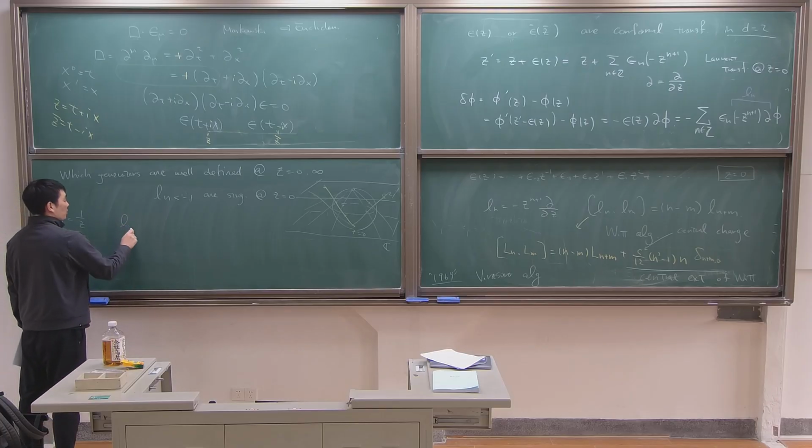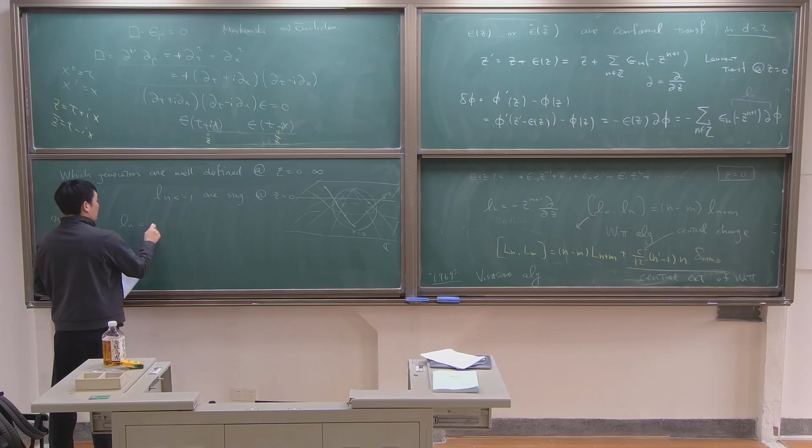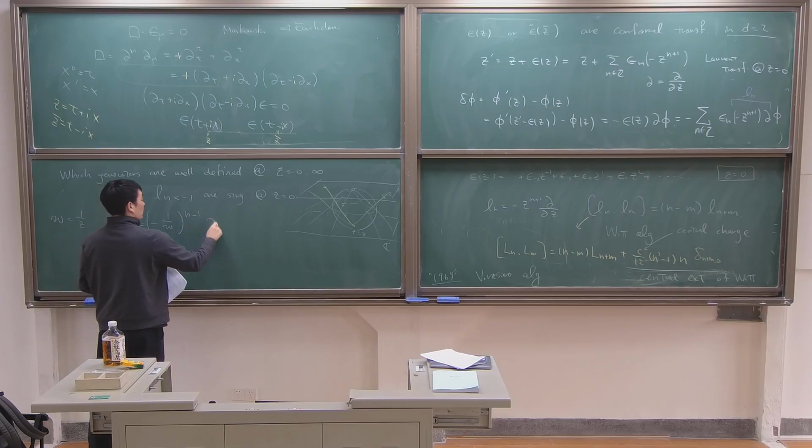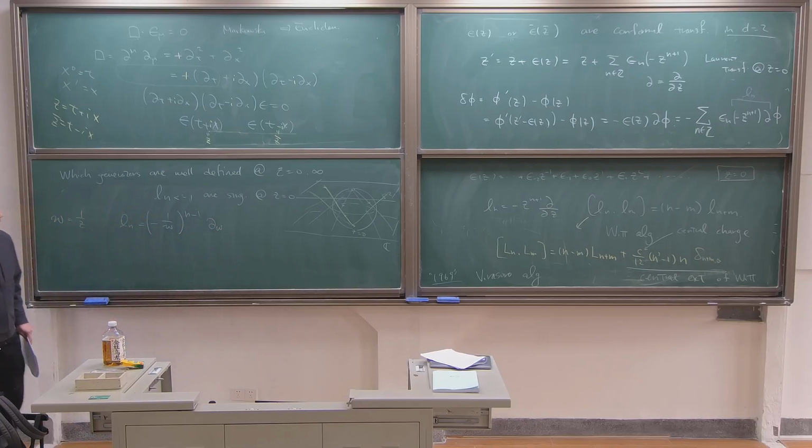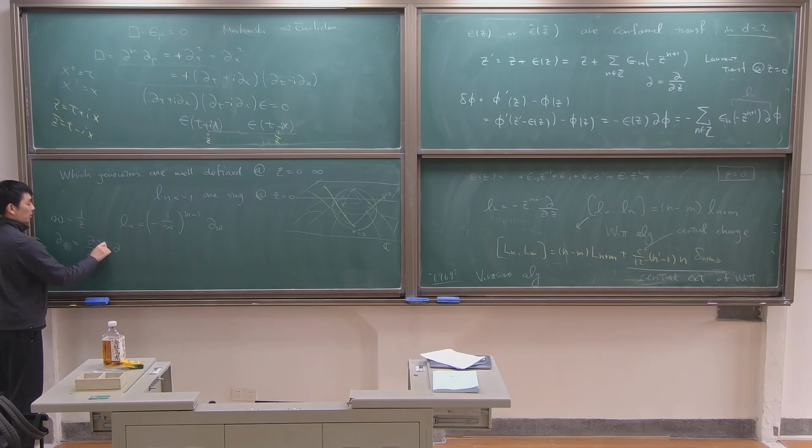Then if you do this transformation, L_n can be understood as minus 1 over W to the n minus 1 times del W. Because del W is equal to dz over dW times del z, you just plug in W equal to this one. So therefore, this is minus 1 over z squared times del W.